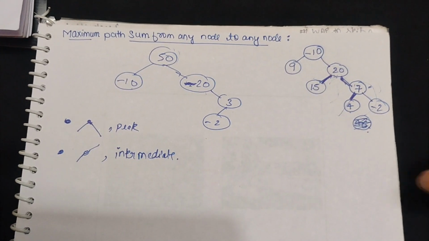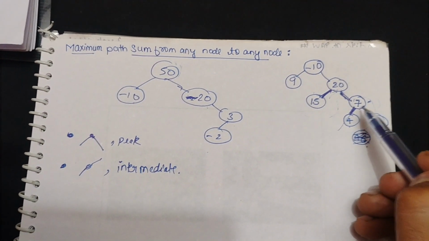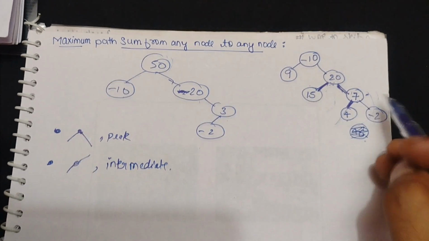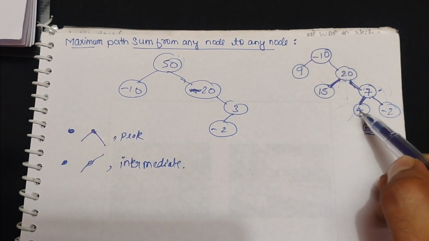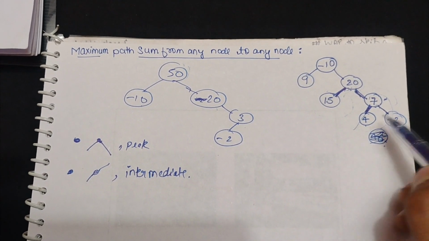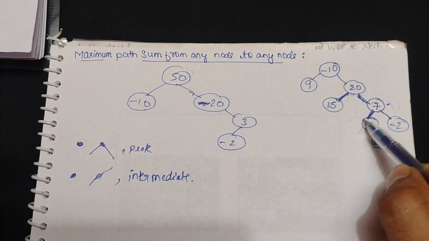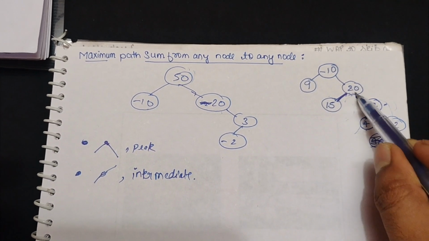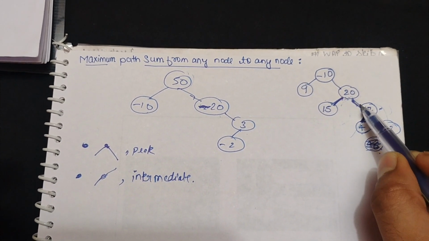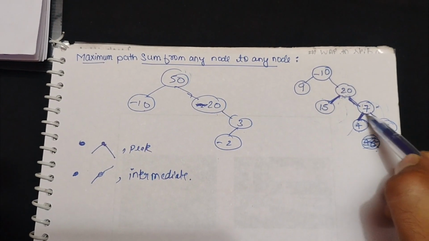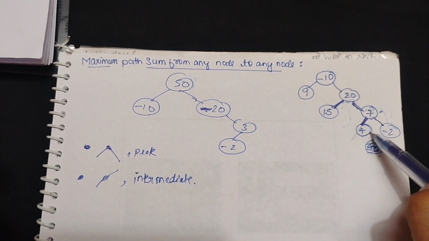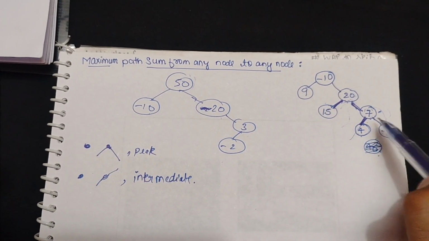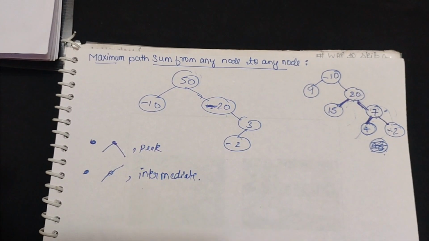So for this node, it became the intermediate, that it chose one of its left or right, whichever is the maximum. 4 is maximum or minus 2? 4 is maximum. So it chose 4 and got connected to the above subtree. So it became the intermediate, with some part lying above, some part lying below, and it chose one of its paths.